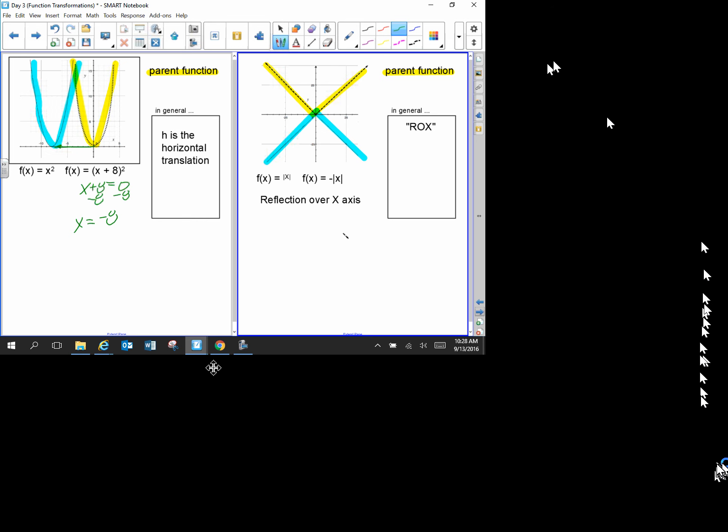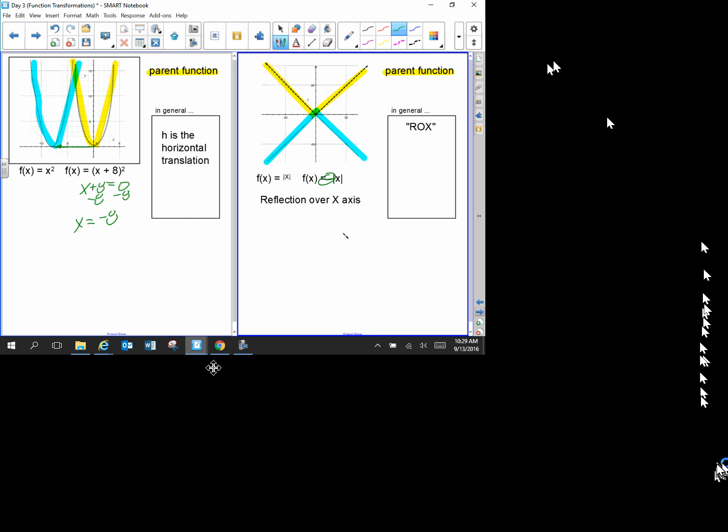We put the negative on the outside, because think about absolute value: the absolute value of 5 is what? The absolute value of negative 5? When you do absolute values, don't you always get positive answers? So what's the opposite of always getting a positive answer? Going down, negative.